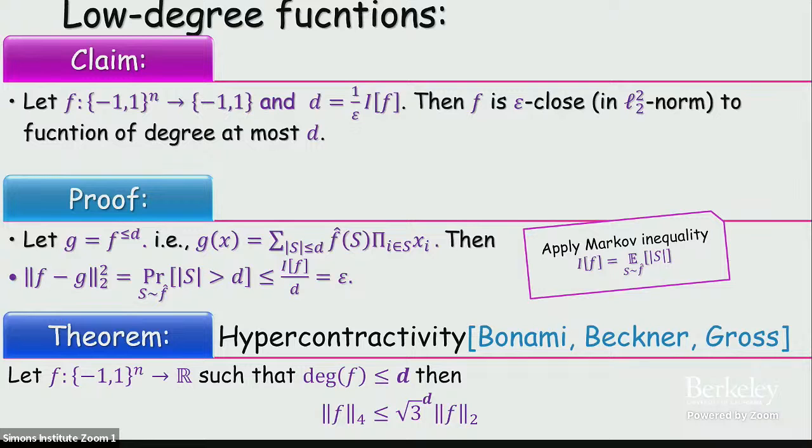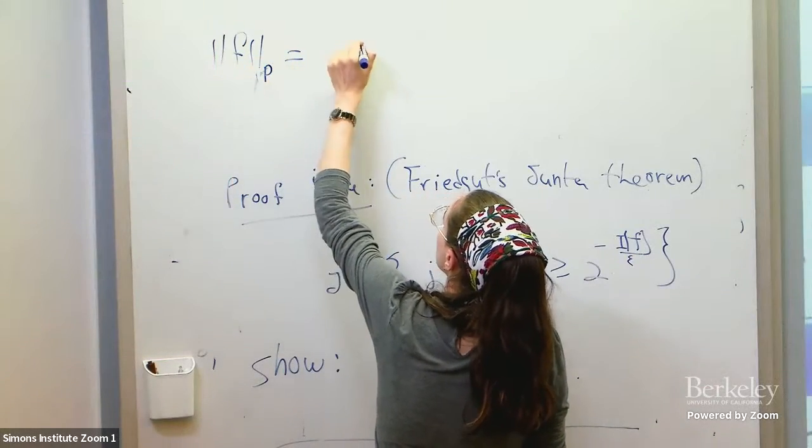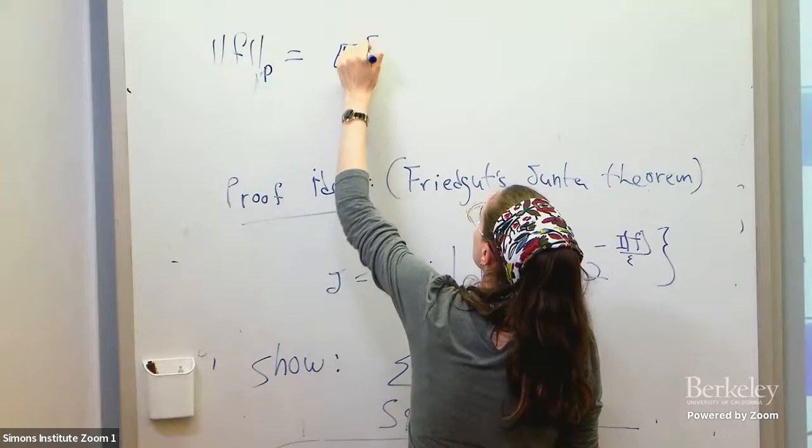The L2 norm, so I'm not sure if you have defined the norms, but let me define it again. The norm of a function is the expectation over the inputs.